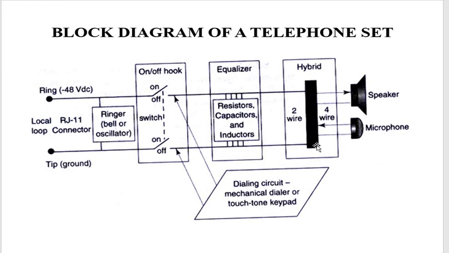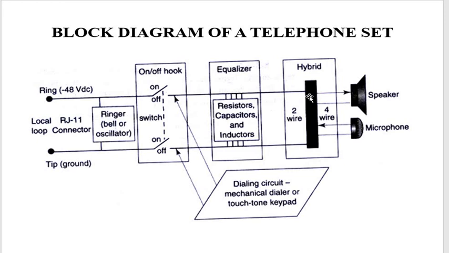So the speaker is the receiver of the telephone, and it converts the electrical signal received from the local loop to acoustic signals, meaning sound waves that can be heard and understood by a human being.